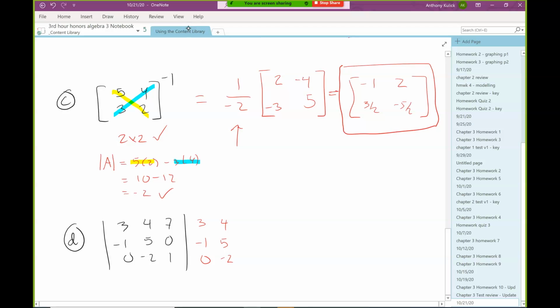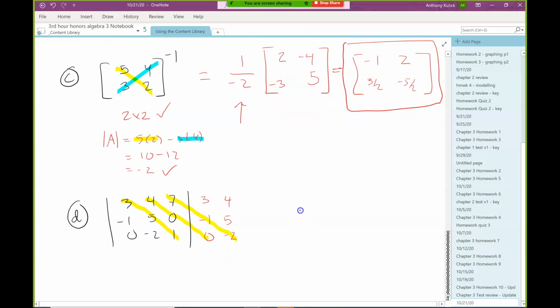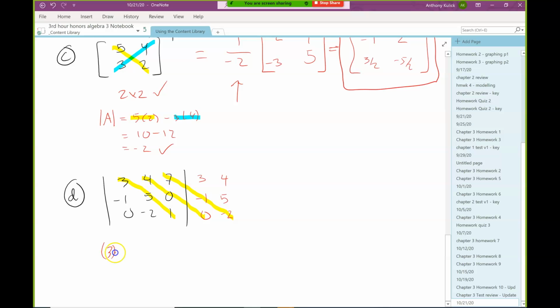That's easy to do. Now we're going to multiply along these three diagonals and add up the results. Everybody's okay with that?